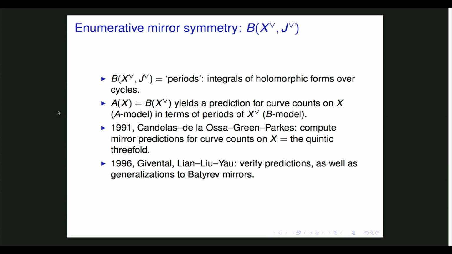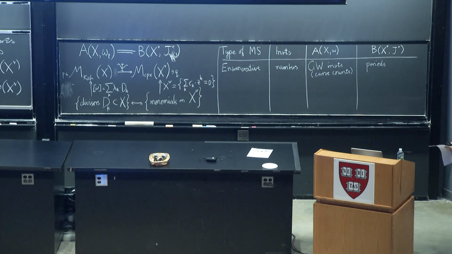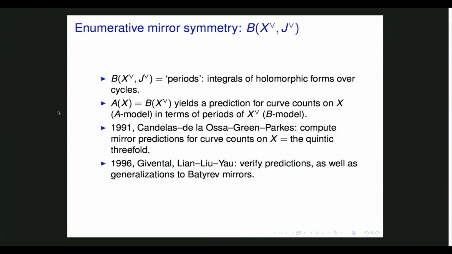The B side of mirror symmetry in this version, the numbers that we consider are periods, which are integrals of holomorphic forms over cycles.